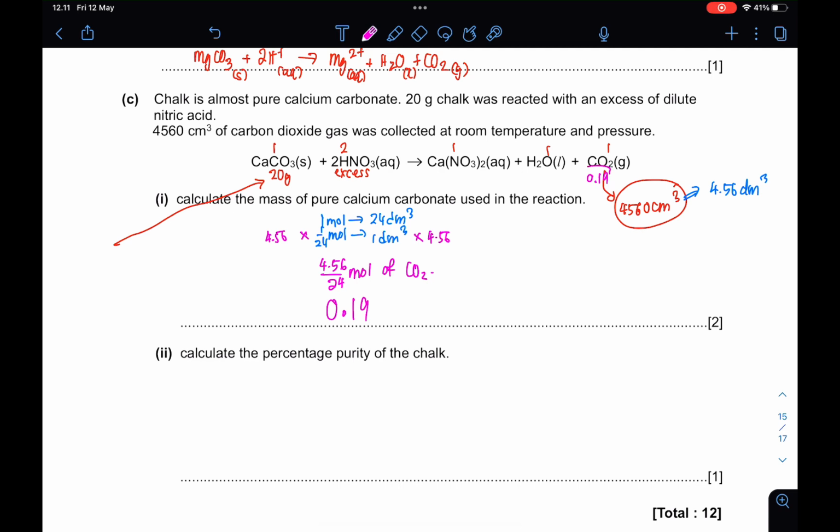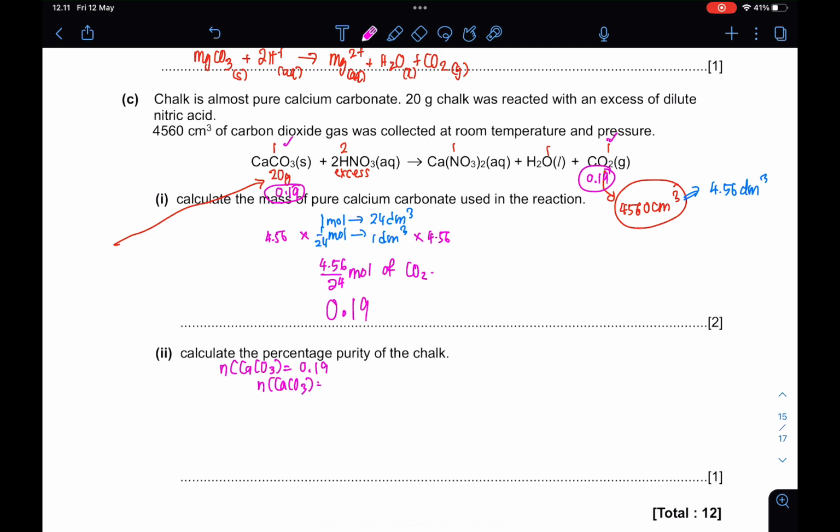This is going to be 0.19 mole, and we are looking for calcium carbonate. So if you have 0.19, we are going to get 1 mole to 1 mole, so we must have 0.19 moles of calcium carbonate also.